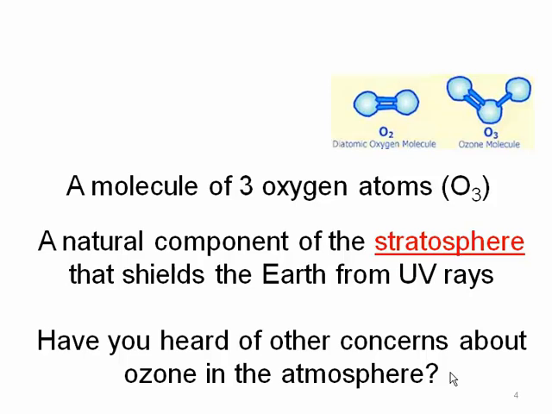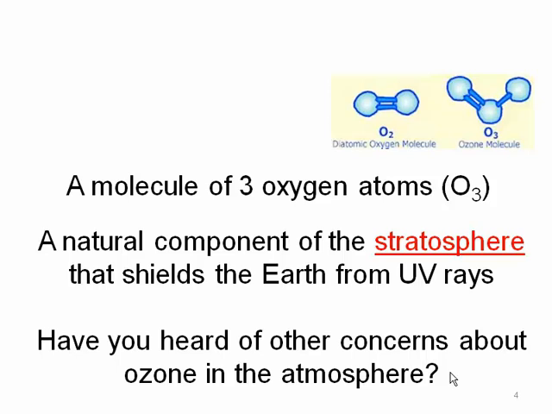It's a molecule of 3 oxygen atoms bonded together. It occurs naturally in the stratosphere, the layer in the Earth's atmosphere, and it serves a very critical function in that it shields the Earth's surface from incoming ultraviolet radiation generated by the sun.